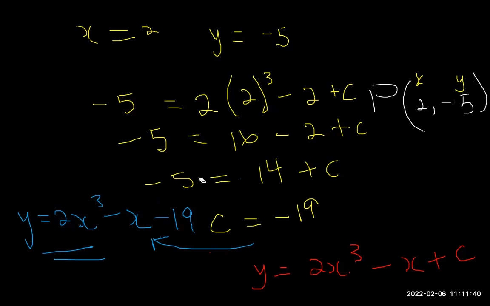So what I have now is minus 5 is equal to 16 minus 2 is 14, 14 plus c. I need to minus 14 on both sides to get c. Minus 5 minus 14 is minus 19. Therefore, my value of c is minus 19.